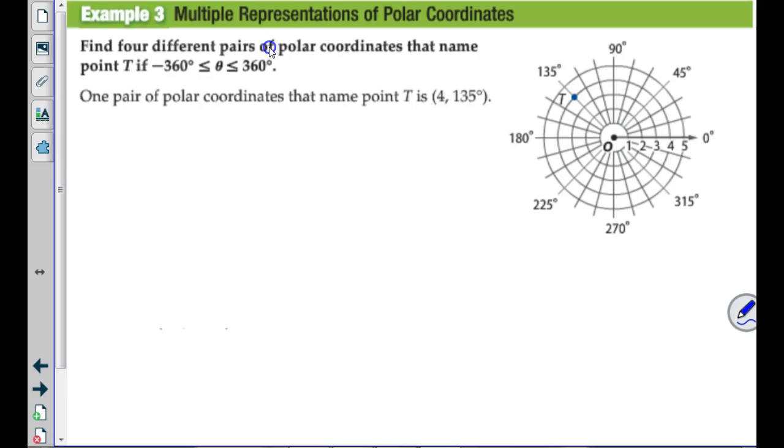Find 4 different names that name t if we can only use values of the degrees between negative 360 and positive 360. In other words, we can't just cheat by keep adding 360 over and over and over. That isn't what they want. So right now it has a nice easy name of positive 135 and out 4. We're supposed to come up with 4 more names.